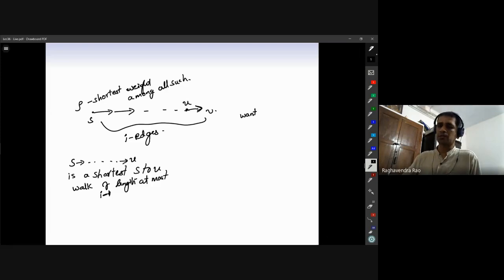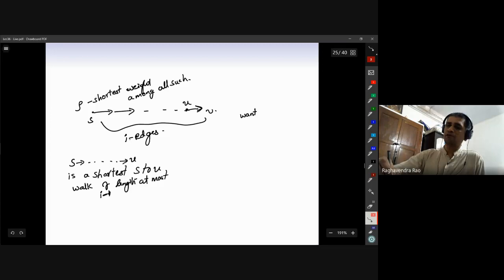If rho is an S to V walk that uses at most i edges and is shortest among all such, then if I chop it at the predecessor u of V, this will be the shortest S to u walk among all those which use i minus 1 edges.